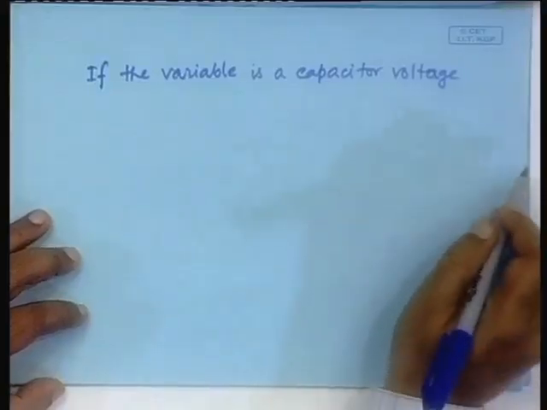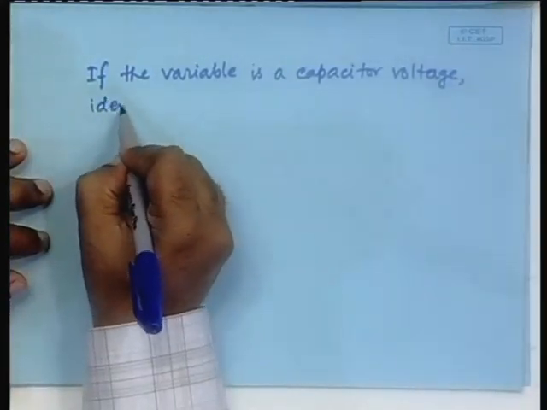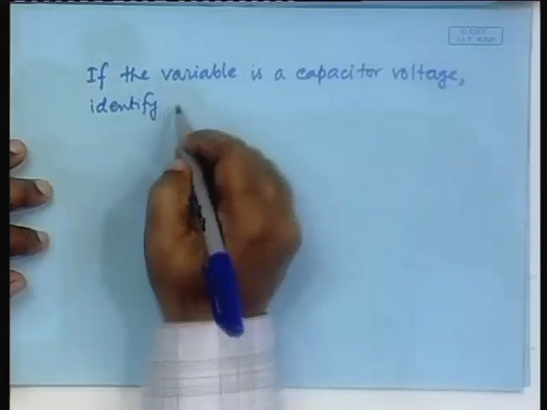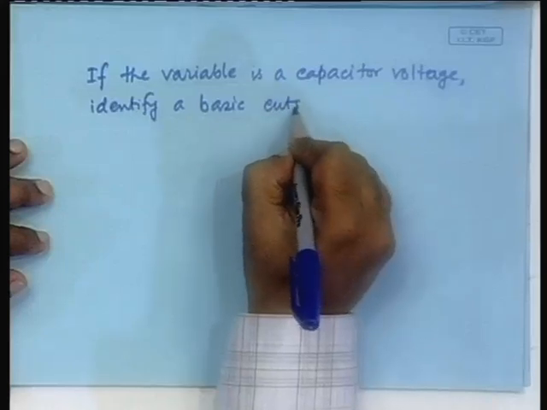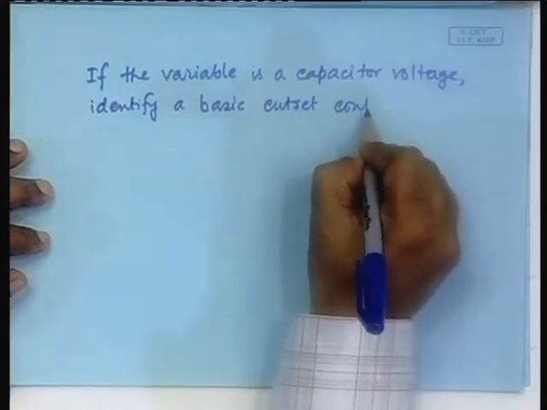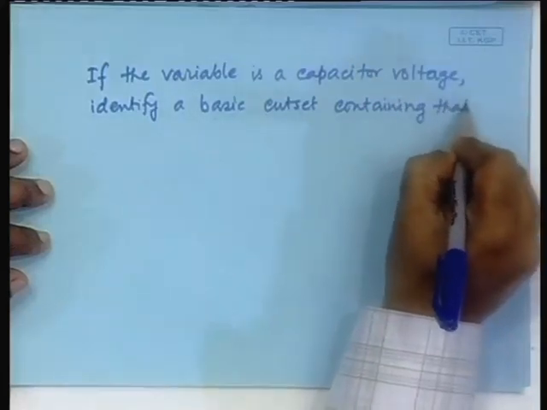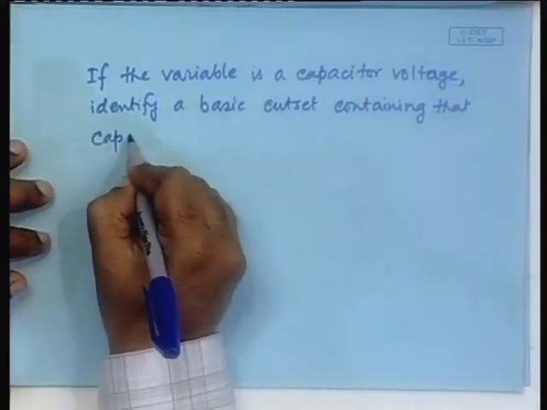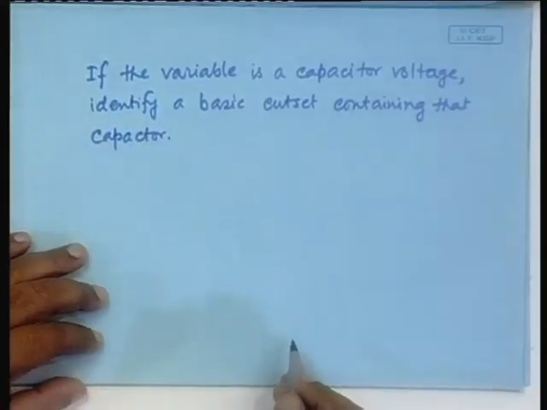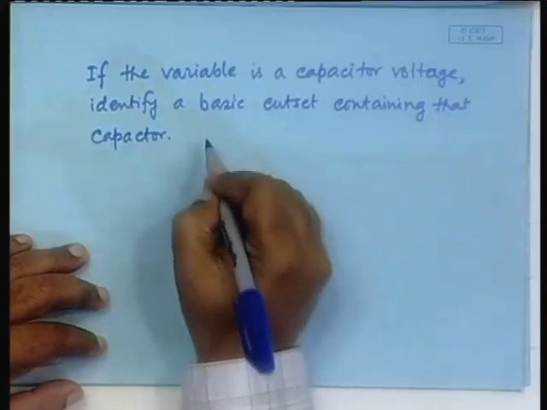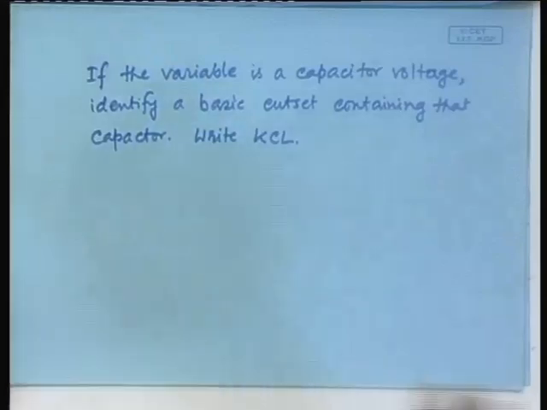So, identify a basic cut set containing that capacitor. Then write KCL, that is it.